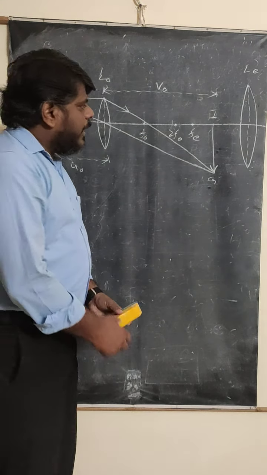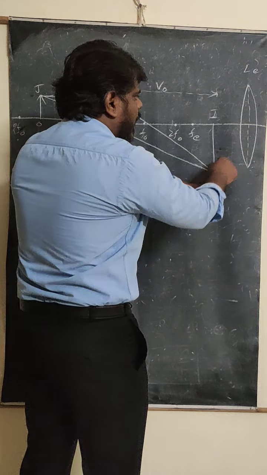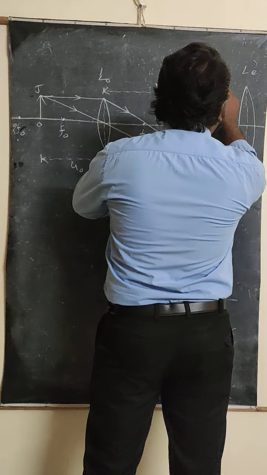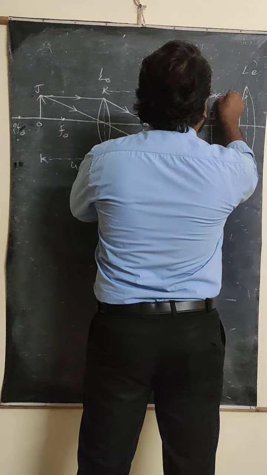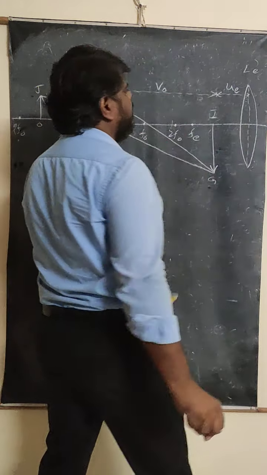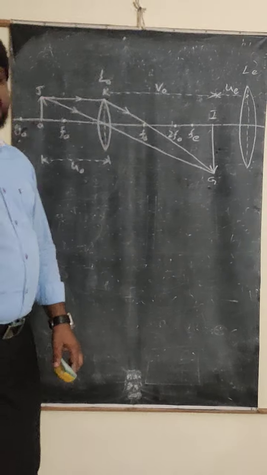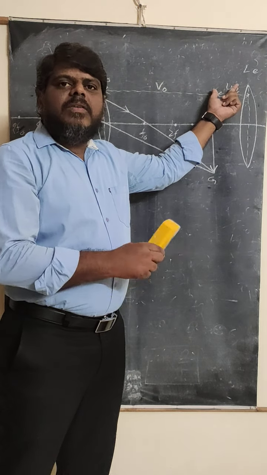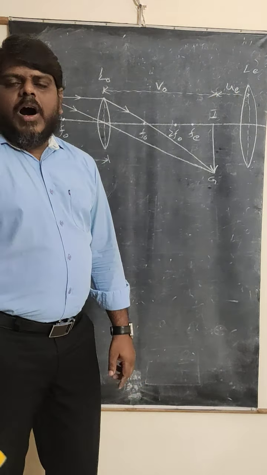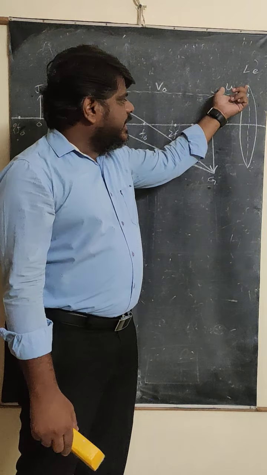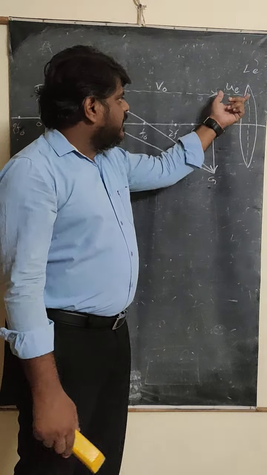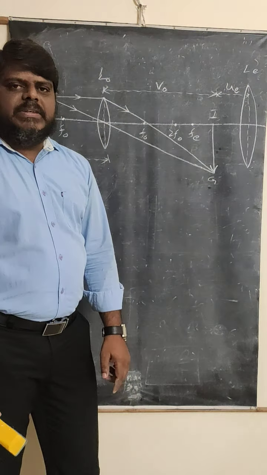This IG becomes the object for the eye lens. That means this distance can be written as UE. What does UE represent? The object distance for the eye lens, because this image becomes the object for the eye lens.